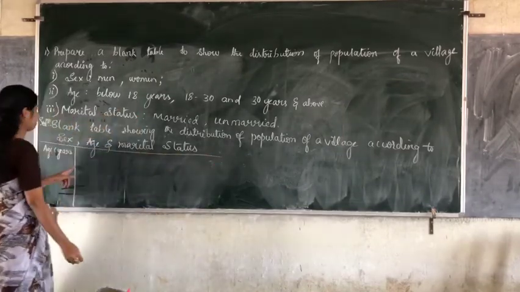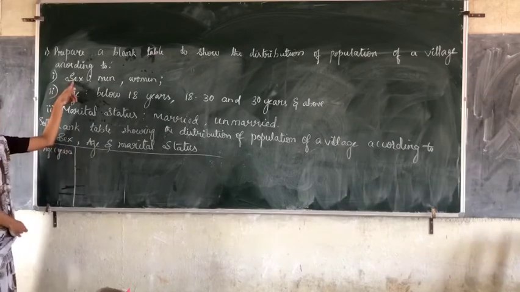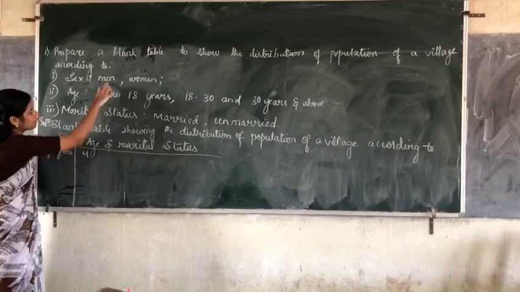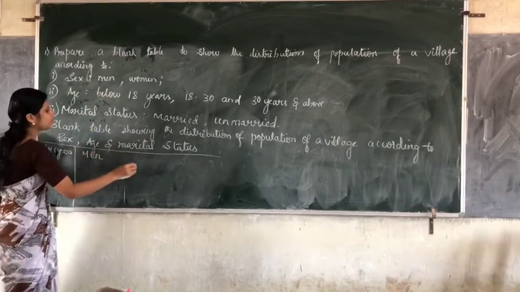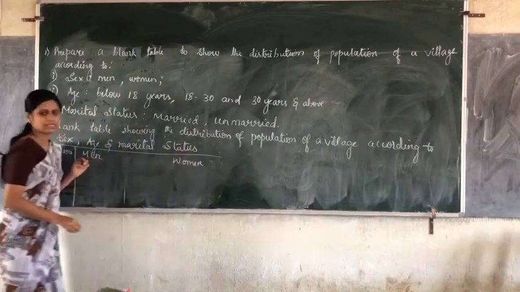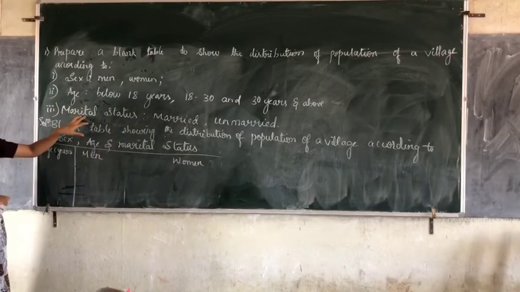Next, after writing age in years, you are going to present the sex, that is men and women. This is the second characteristic that we have shown. Now, third characteristic is marital status.